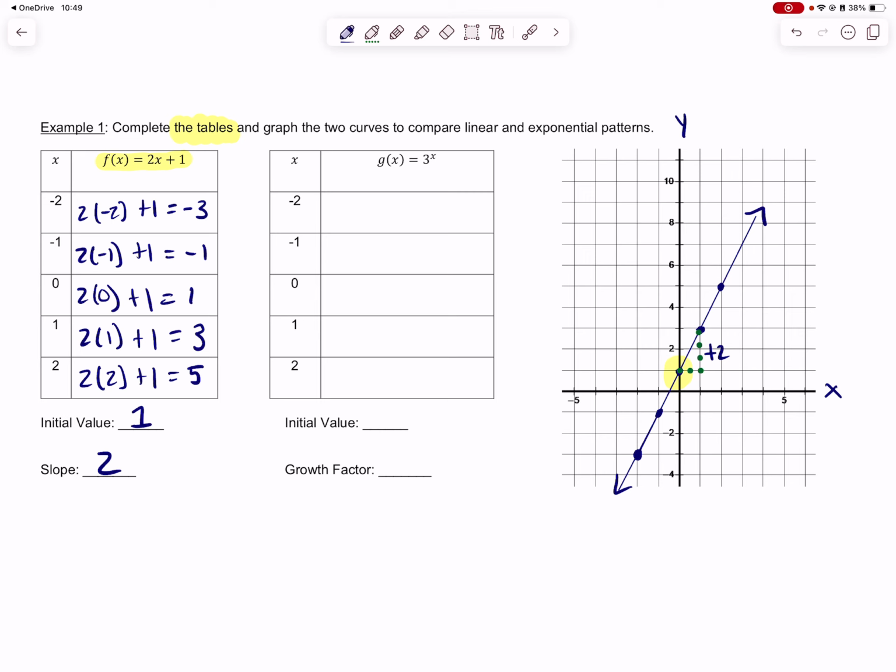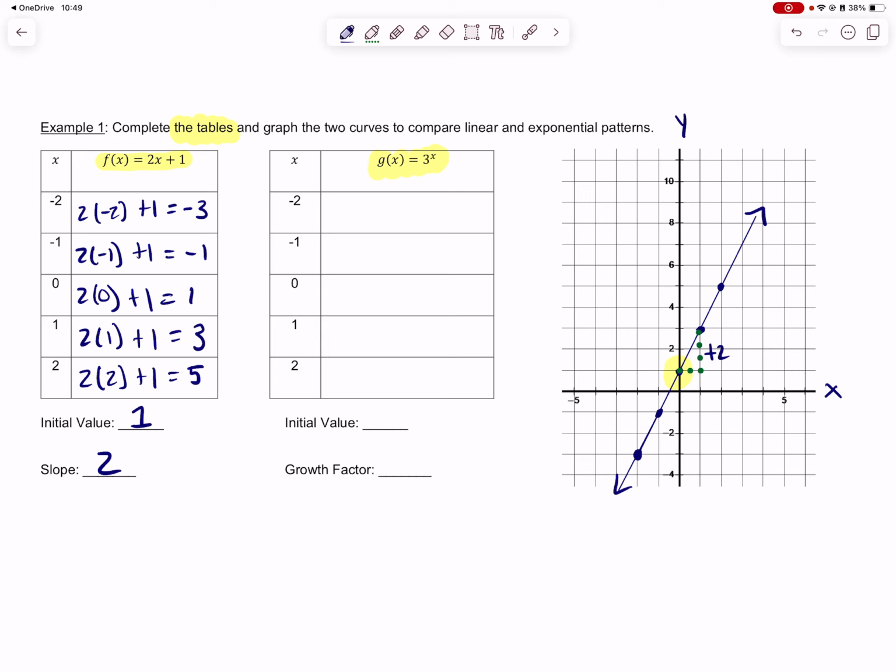Our next function that we want to look at here is our exponential function, where we have g of x equal to 3 to the x power. It is exponential because our variable x is in the exponent. So to start, we want to put these different values of x into this function.